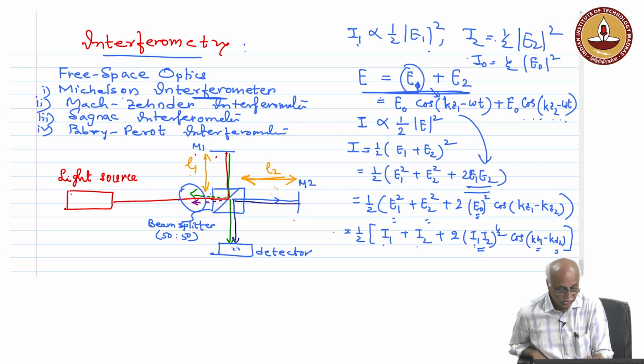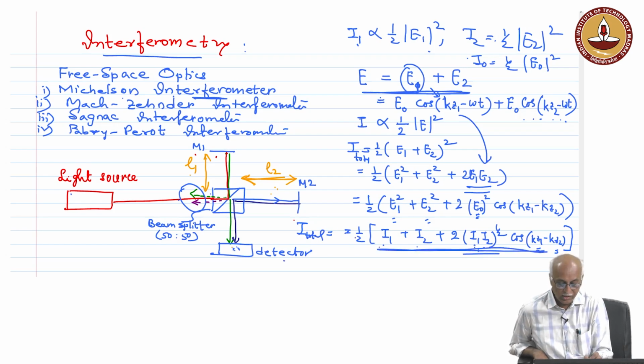Of course some factor will come here, so it will not be more than the I value, but overall the intensity, I total, which is detected at the detector end, will be some constant into this factor, this part.